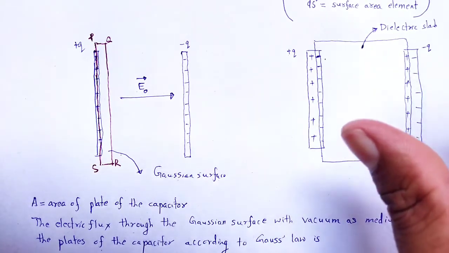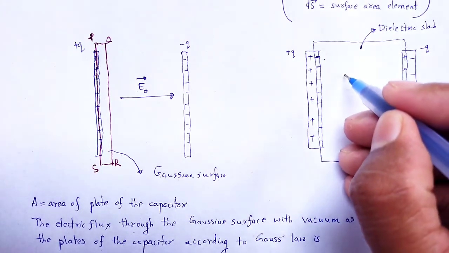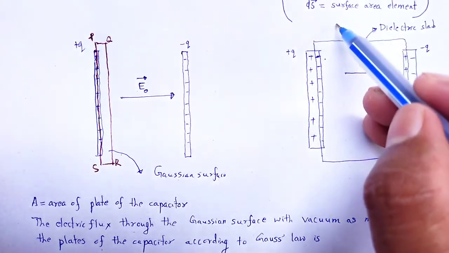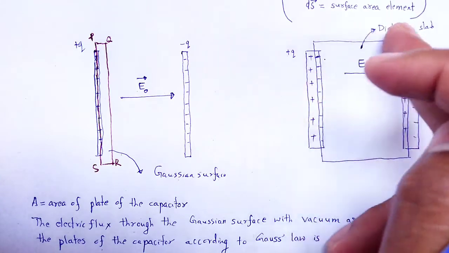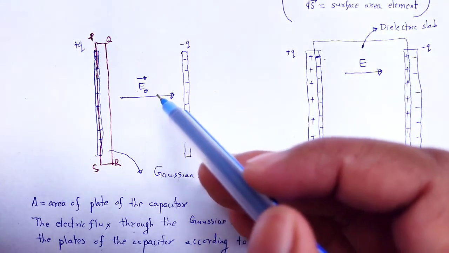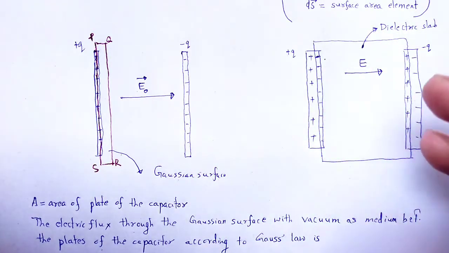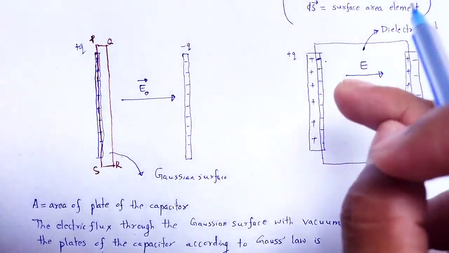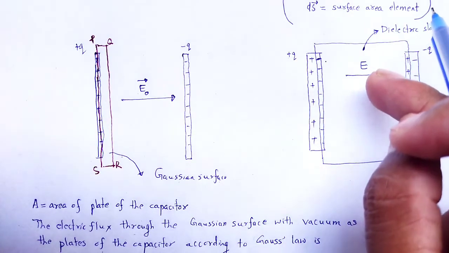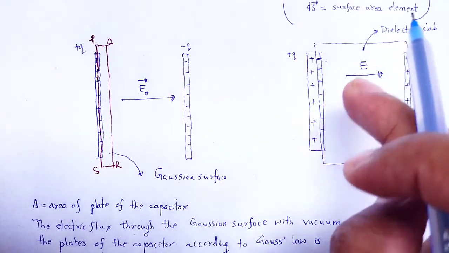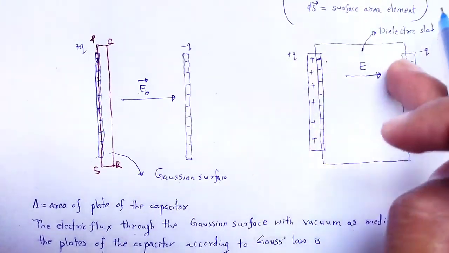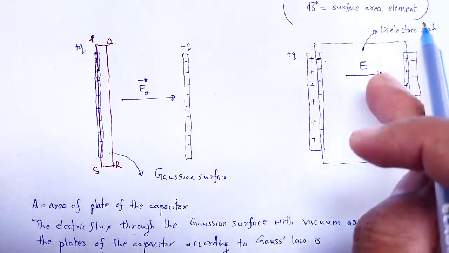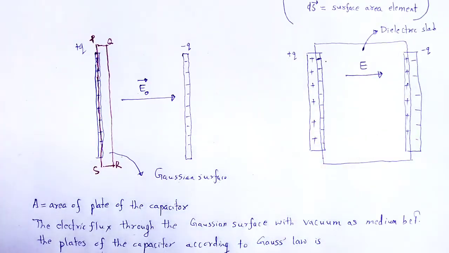So, the net electric field inside the dielectric will be E. E naught is the electric field produced due to the parallel plate capacitor, and E p is the electric field produced within the dielectric due to the process of polarization. So, the net electric field E is equal to E naught minus E p, and its direction is this way.